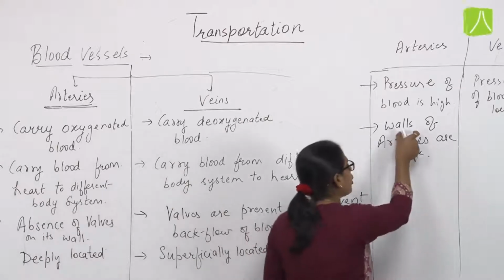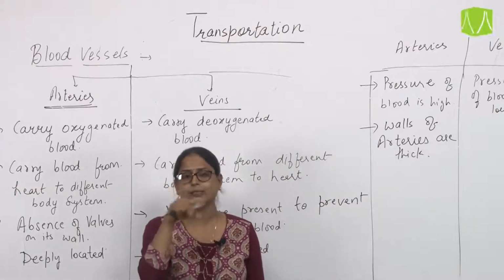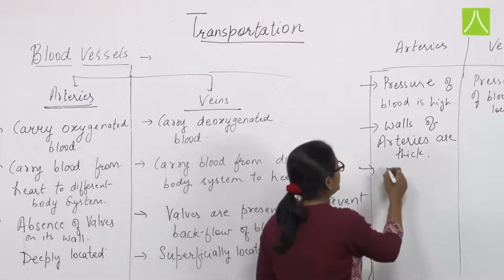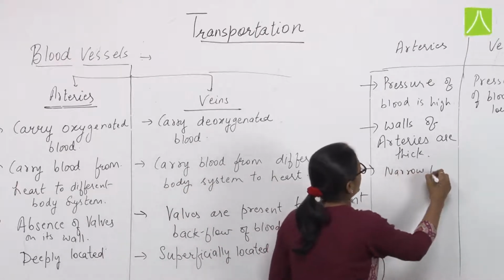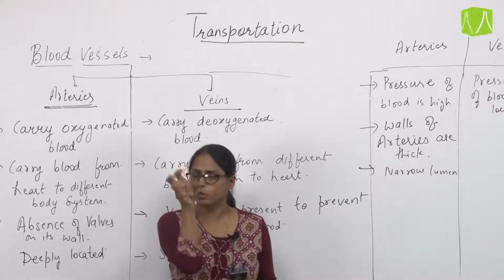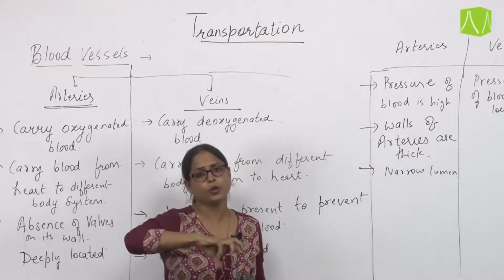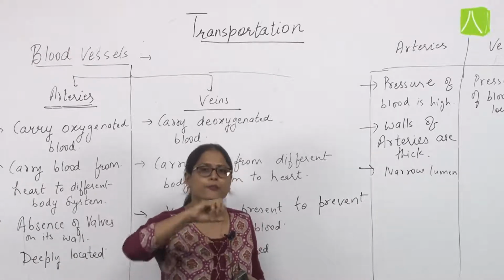If the walls of arteries are thick, then the lumen, that means the cavity, should be narrow. This narrow lumen it has. And if the lumen is narrow, that means lesser area, more pressure, with which blood or any fluid can flow.